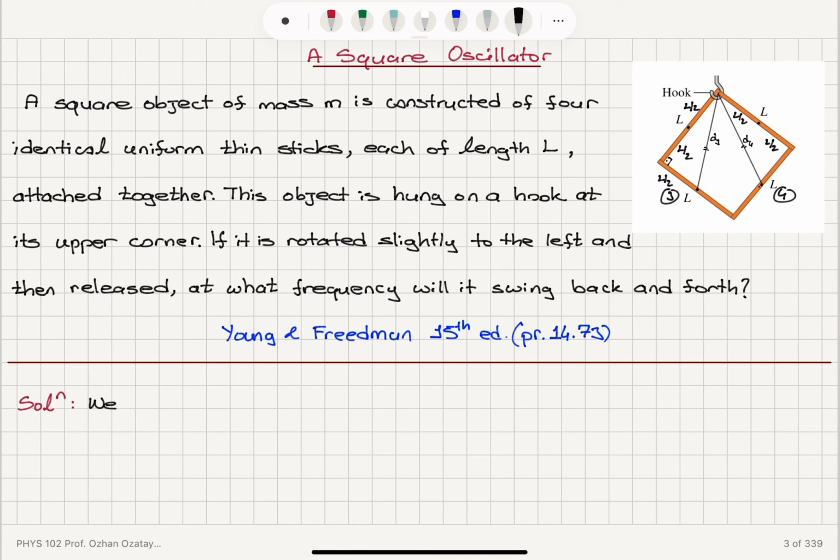We have a physical pendulum that is made of four identical uniform sticks, and let's recall what we know for a physical pendulum.